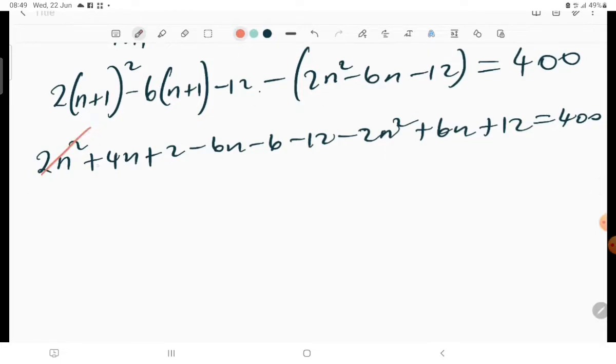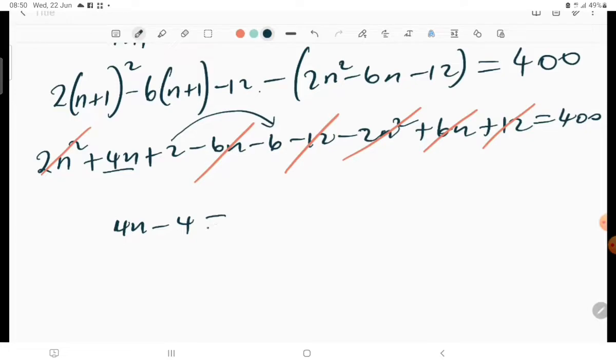This one cancels that one, this one cancels this one, and also this one cancels that one. Then we have 4n, and these constants give us minus 4, then this is equal to 400.